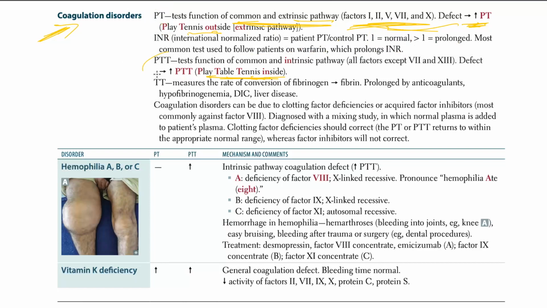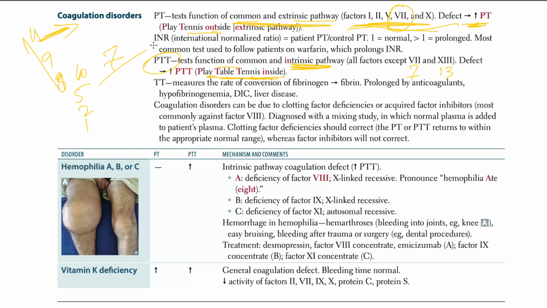Coming to PTT, this tests the function of the common and intrinsic pathway, all factors except 7, which was up in the extrinsic pathway, and 13. So you have 1 to 5, and then on the intrinsic side you had 8, 9, 11, and 10 was here.